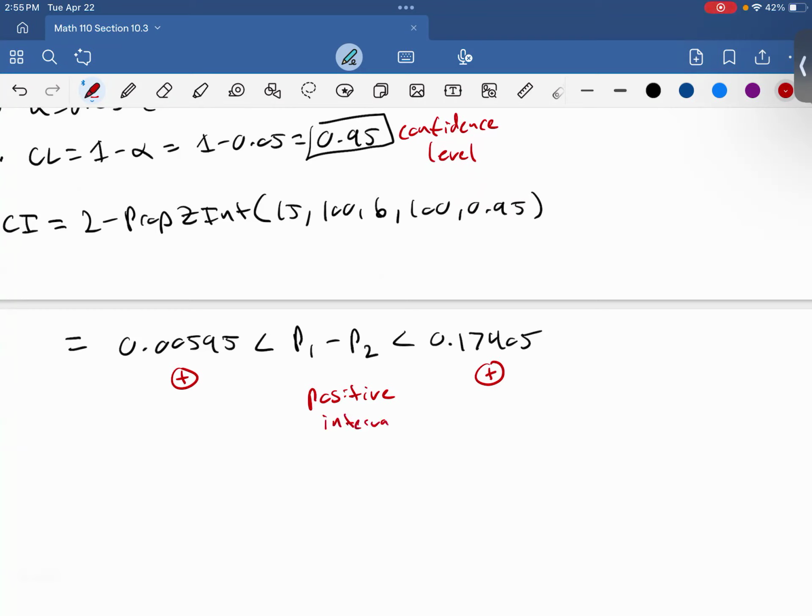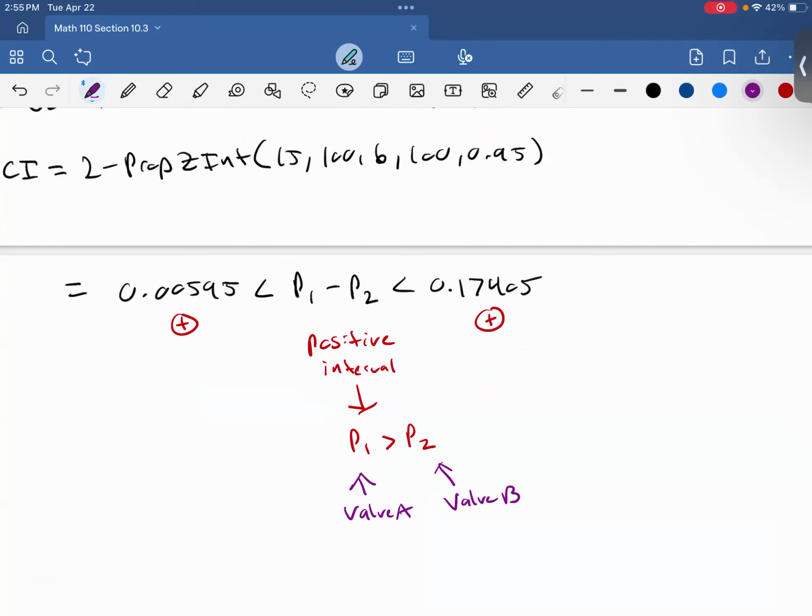When we have a positive interval, that means P1 is greater than P2. What that's saying is the pressure tolerance in valve A, because remember P1 is talking about valve A, is greater than the pressure tolerance of valve B, because our confidence interval was positive.